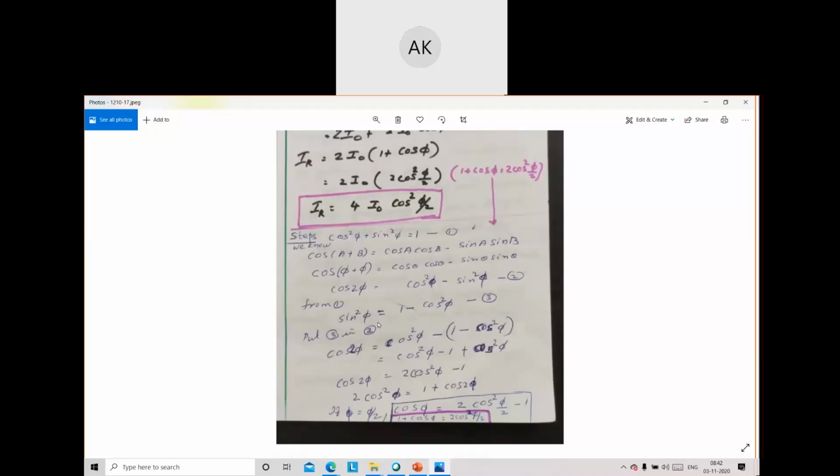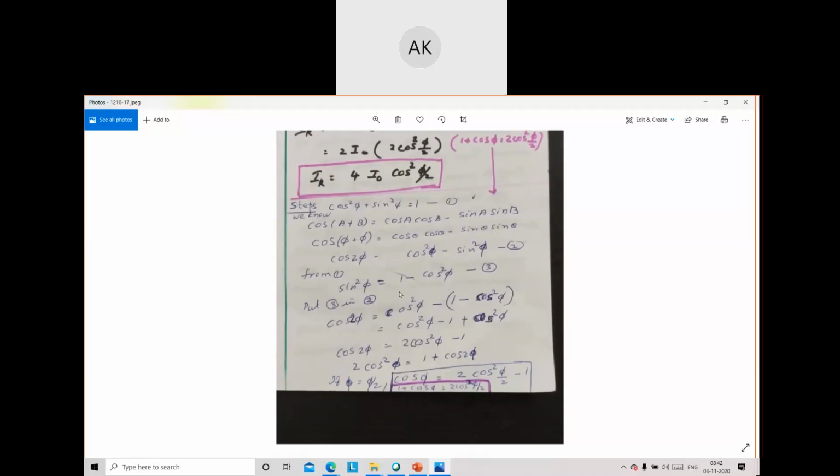Therefore sin square phi equals 1 minus cos square phi, from equation 1. Put 3 in 2. So cos 2 phi is equal to cos square phi minus (1 minus cos square phi), so cos square phi minus 1 plus cos square phi, so 2 cos square phi minus 1.